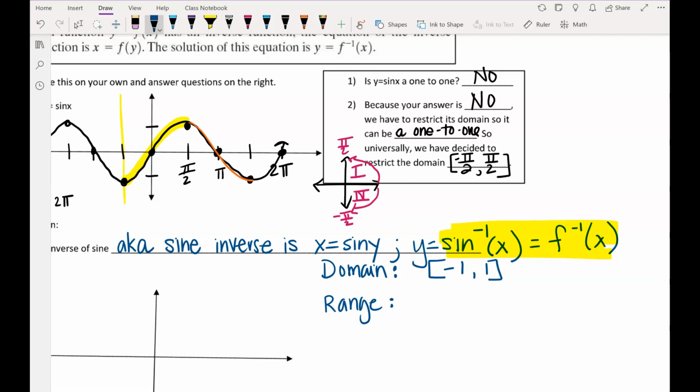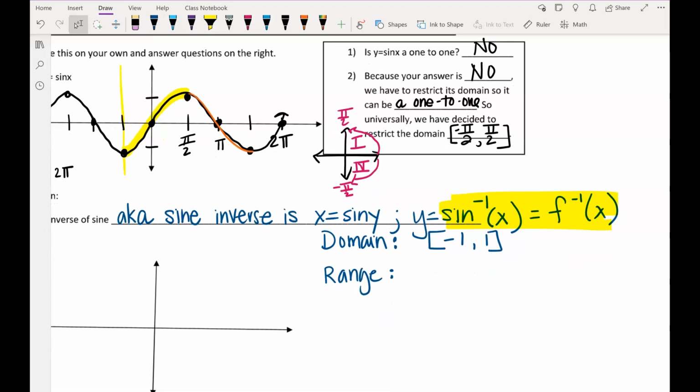Now, the range of an inverse, can it be all reals? No, right? Because if it's all reals, then it's not going to be a function. So what do you think? Where did we cut off? What was the restricted domain earlier?